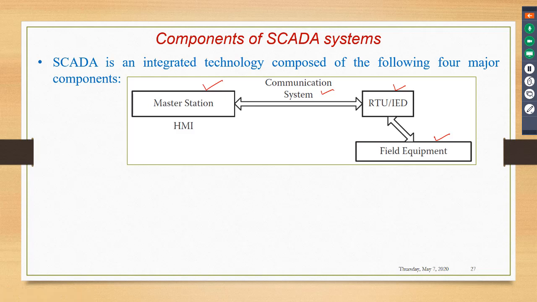The field equipments are relays, CTs and PTs. They are in communication with RTUs or IEDs, and RTUs feed information to the master station through the communication channel. Another thing is the human machine interface, through which the human can be interfaced to the machine. That is the console. We call it console.